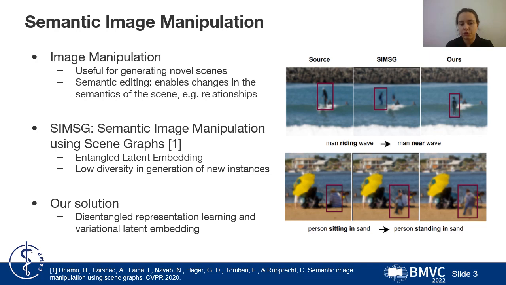And it also has low diversity in the generation of new instances. We propose a new model for this task, which could learn disentangled representation, and also using variational latent embedding, it generates images with higher diversity.